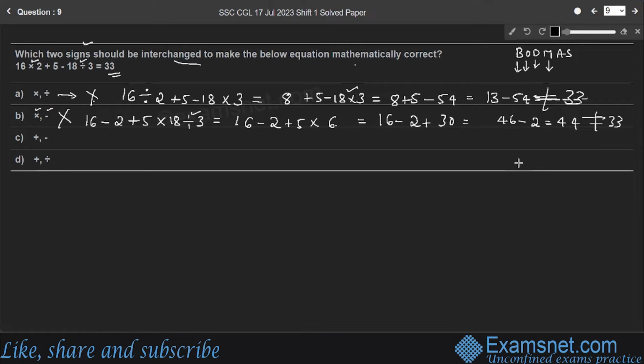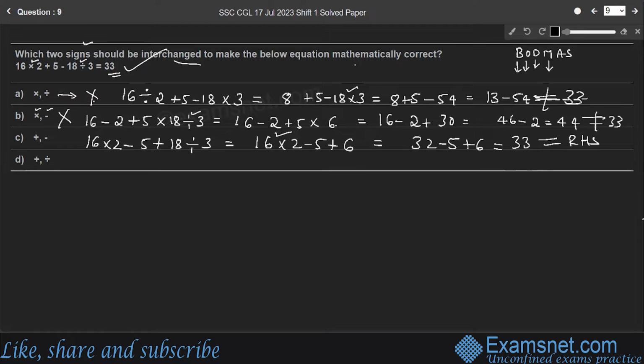So if we interchange addition and subtraction, right? The equation becomes 16 into 2 minus 5 plus 18 divided by 3. By BODMAS rule, 18 by 3 is 6, right? So next comes the multiplication part. 32 minus 5 plus 6, right? Which is equal to 33, which is nothing but the RHS, 33.